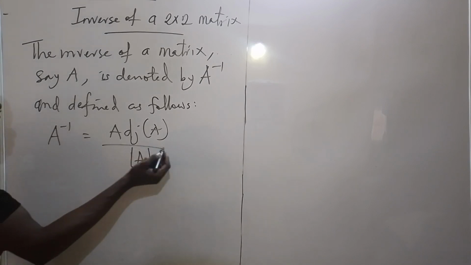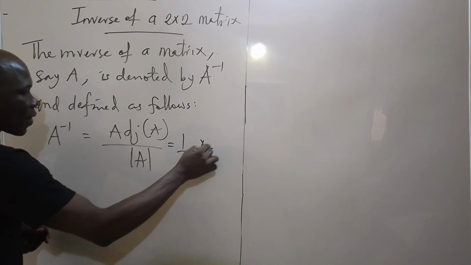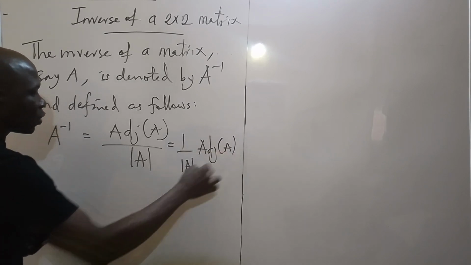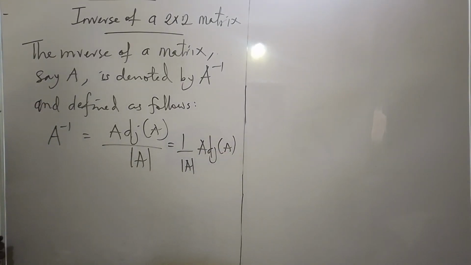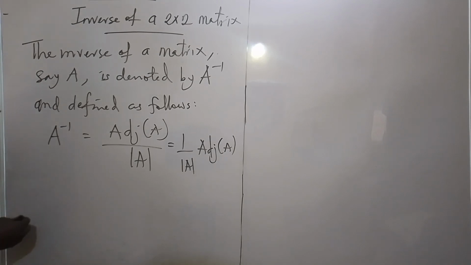If you so desire, you can also write this as 1 over the determinant multiplied by the adjoint of the matrix. The adjoint of the matrix is the transpose of the cofactor matrix, and I told you also that the matrix of the cofactors is obtained from the matrix of the minors.